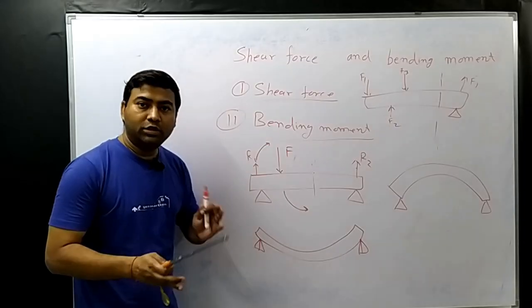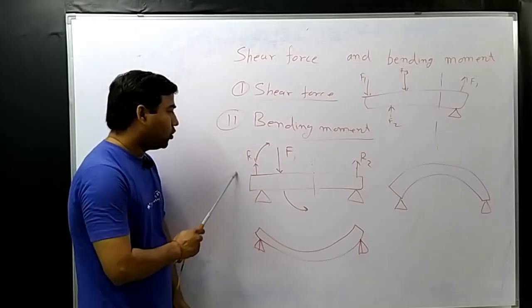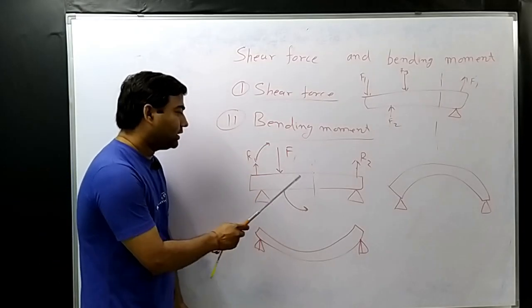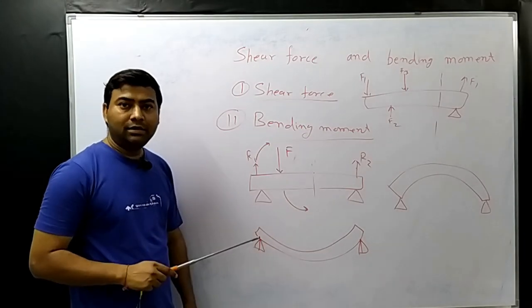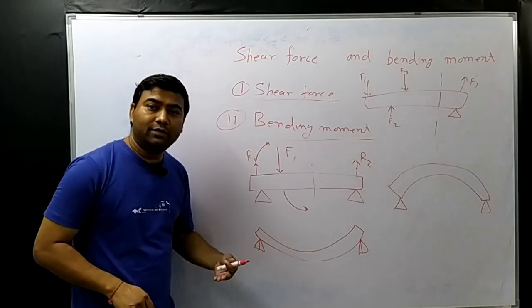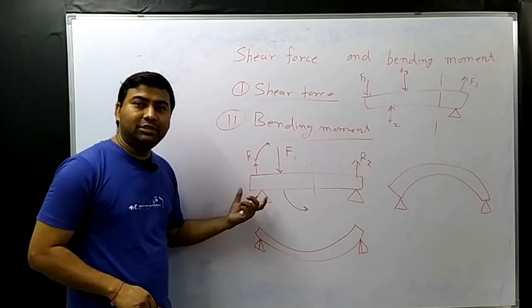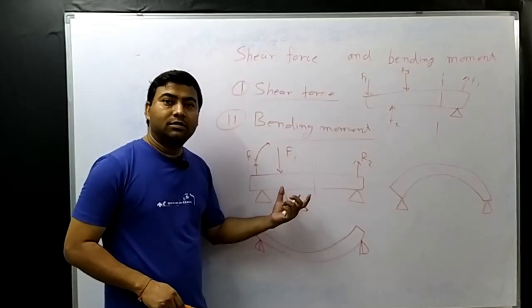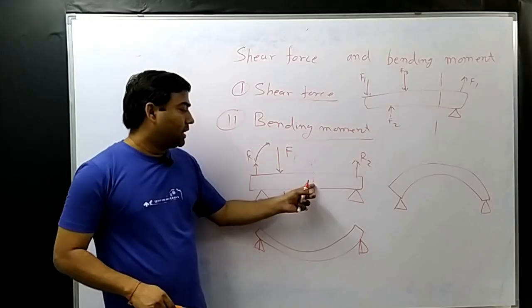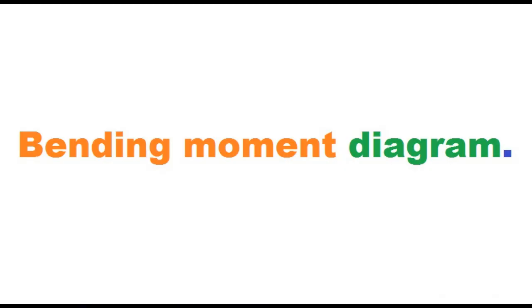We will sum up these positive and negative moments of all forces acting leftward of this arbitrary cross section about which we are finding the moment, and that sum is the net bending moment about this point.